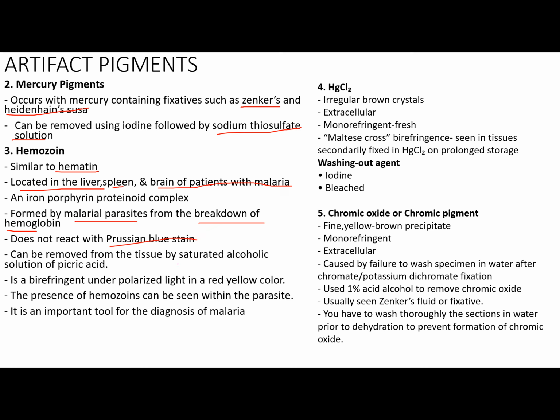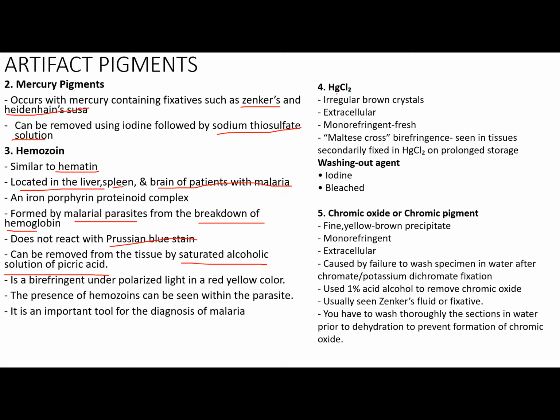Can be removed from the tissue by saturated alcoholic solution of picric acid. So, to remove hemozoin, class, you need to dip the tissue in saturated alcoholic solution of picric acid. This is birefringent under polarized light in a red-yellow color. The presence of hemozoin can be seen within the parasite and is an important tool for the diagnosis of malaria.